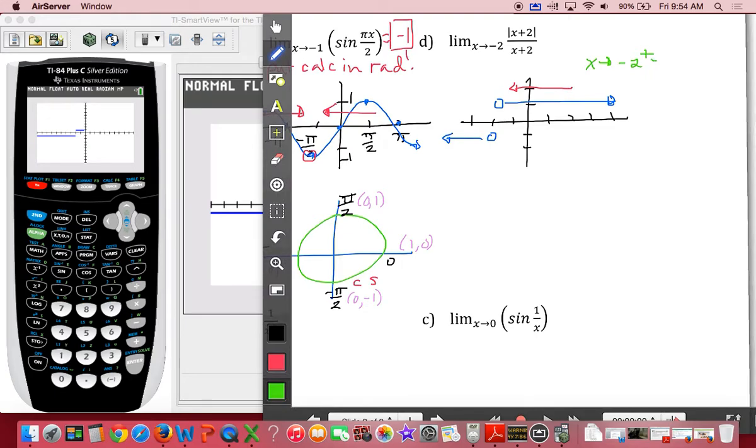What is my limit? What's the y value? 1. But as I approach -2 from the left, so as x approaches -2 from the left side, what is my limit now? -1.